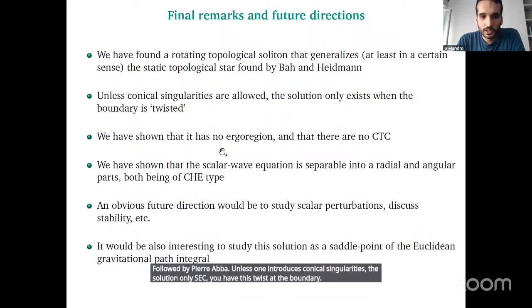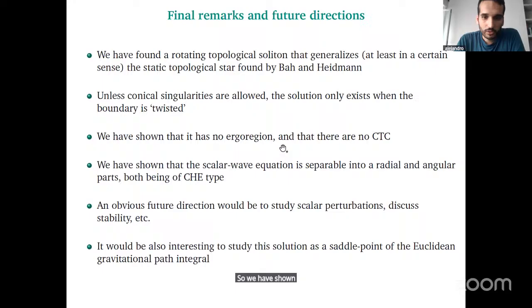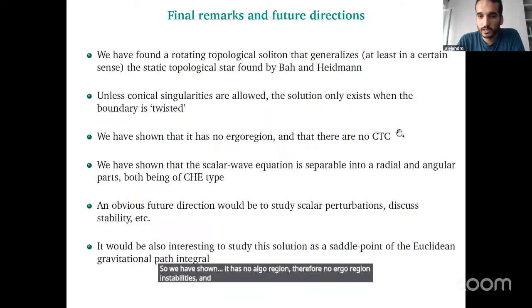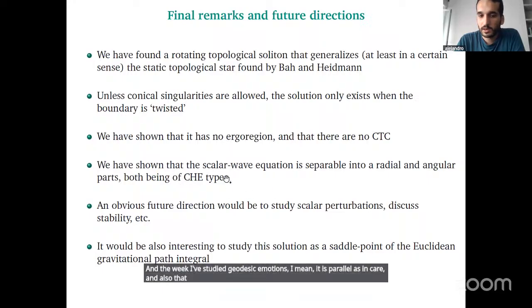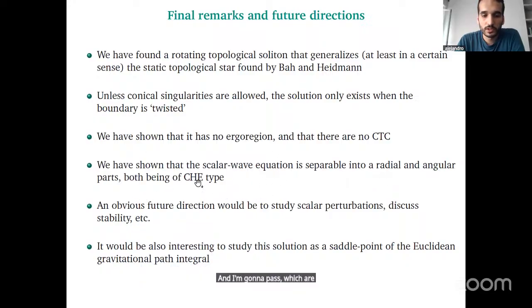We have shown it has no ergo region, therefore no ergo region instabilities, and also no closed timelike curves. And we have studied geodesic motion, showing that it is separable as in Kerr, and also that the scalar wave equation is separable into radial and angular parts, which are both of confluent Heun type.